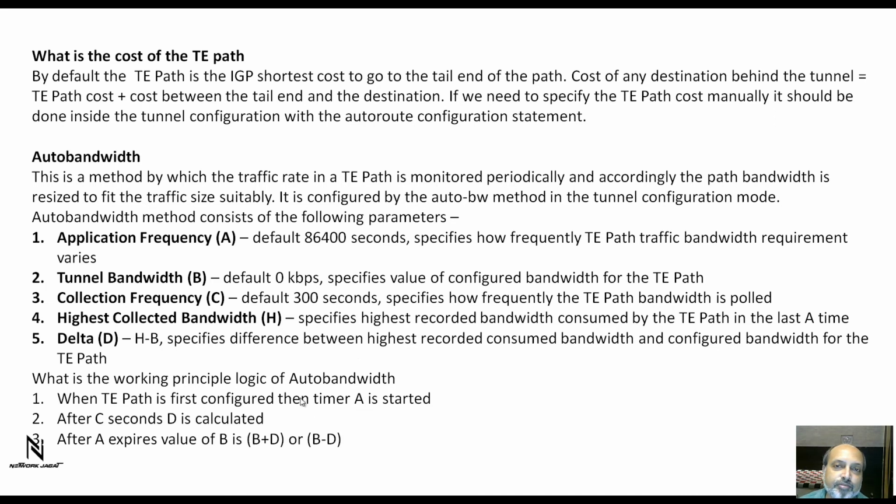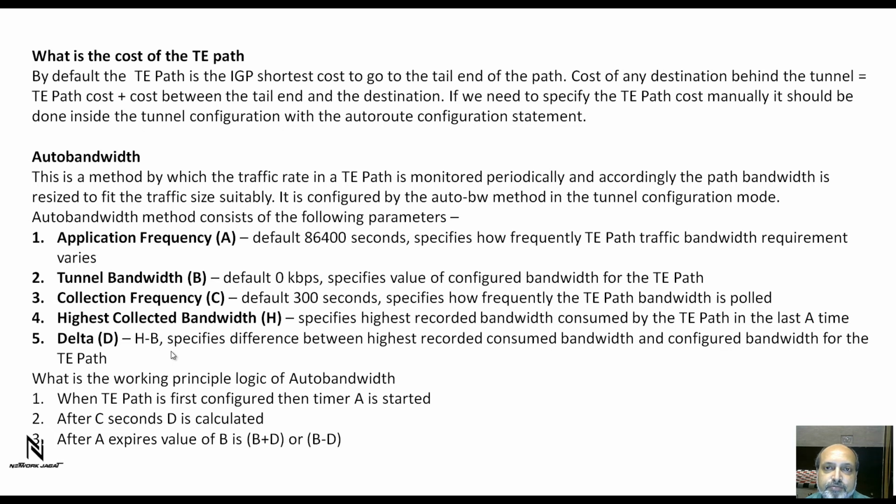And if the H value is less than this B, then H minus B will always be a negative value. If the reverse happens, that is, we have specified a tunnel bandwidth of 100 Mbps and we have observed that the highest collected bandwidth is only 75 Mbps, then 75 minus 100, that means minus 25, will be the delta value, right?